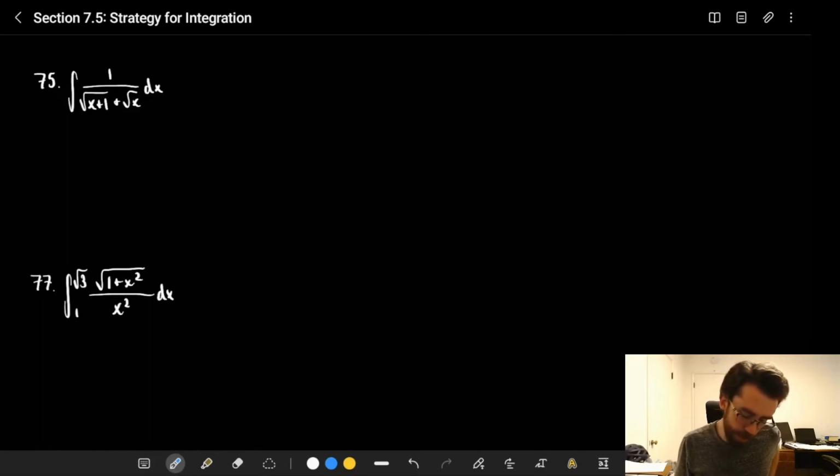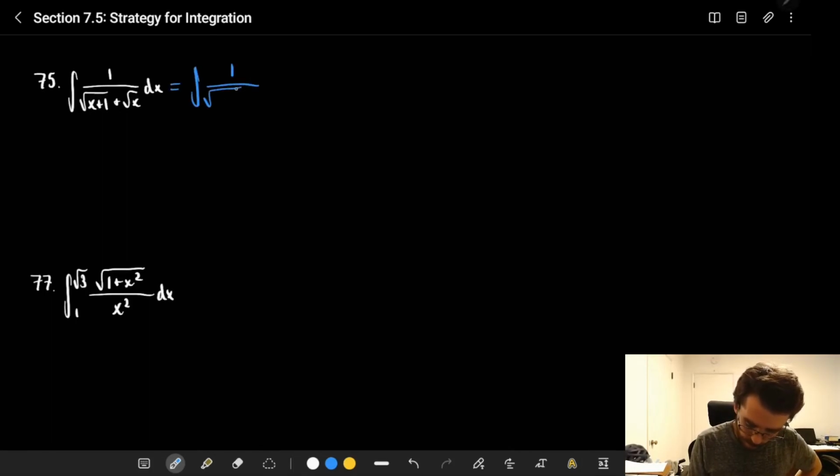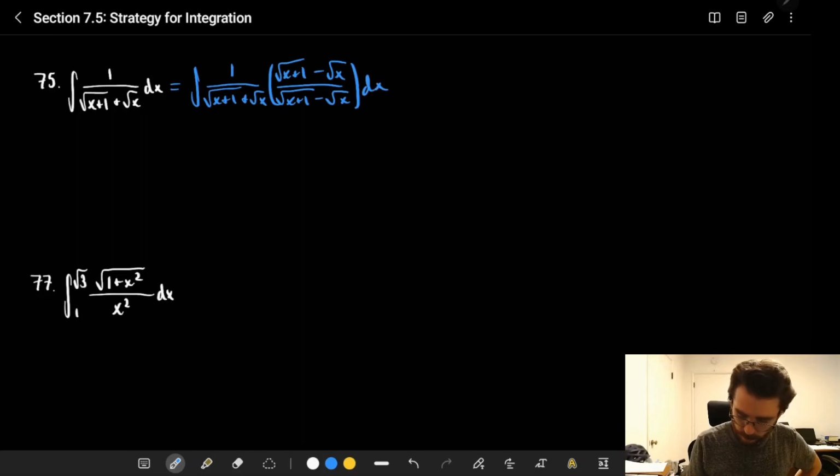This time maybe u equals square root of x doesn't work. But if I see square roots and a plus, I think multiply by the conjugate. Root x plus 1 minus root x is the conjugate. And simplify, the top stays the same, of course.